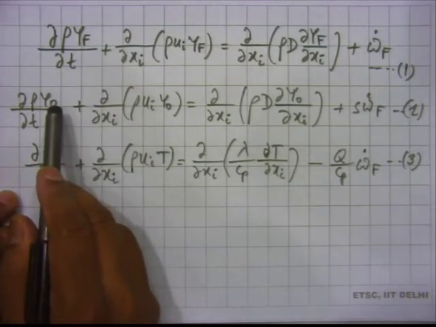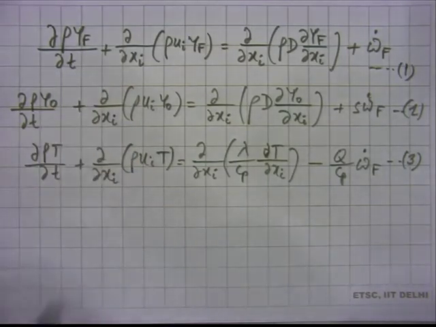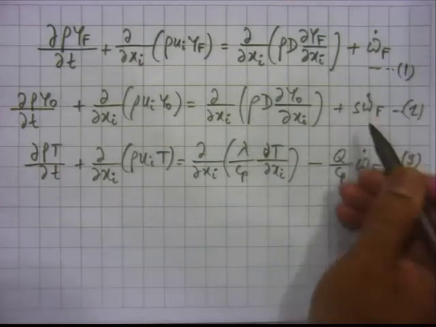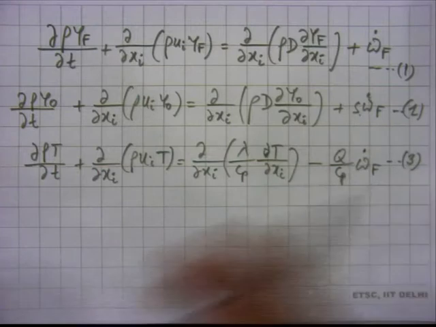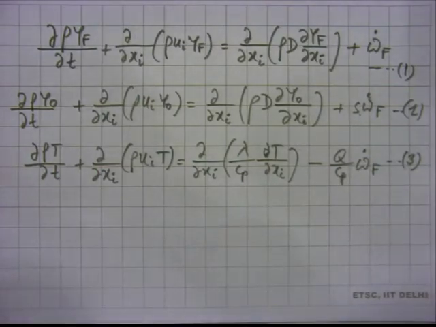Then there is an oxidizer mass fraction equation which is given by this, which looks similar to the fuel mass fraction equation, except that this has s times omega dot f. That is expected because just a few minutes back we saw that omega dot o should be equal to s times omega dot f, and s is just this ratio. For example, for the CH4 plus 2O2 reaction, s is equal to 4, correct?